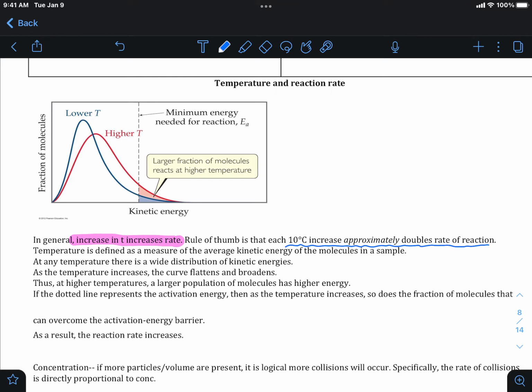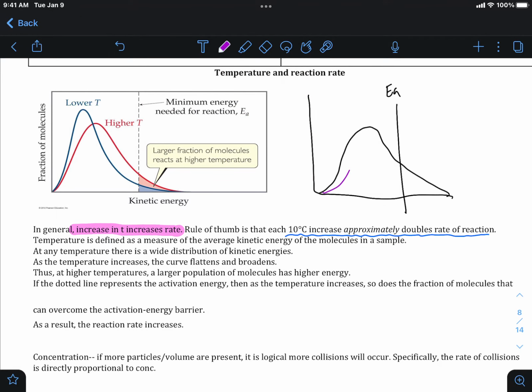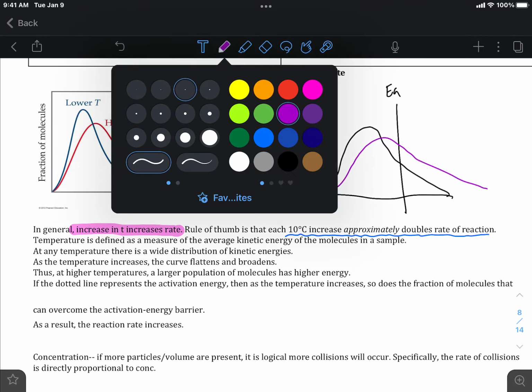So if the activation energy is here, just to show another curve. So here's one. Here's another. Here's another. What are you noticing about these lines that I've drawn?